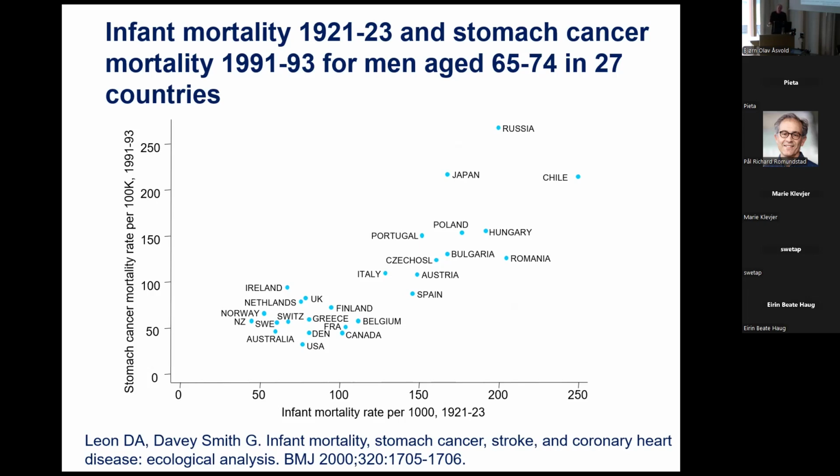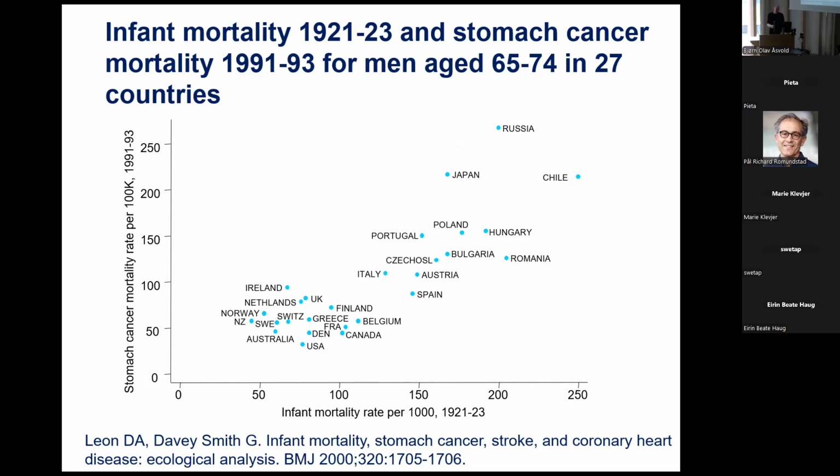But if you were coming from a place with high infant mortality, you would be exposed to more of those factors generating mortality, which in 1921 to 1923 was largely infant and childhood diarrheal disease, which would go with the sort of infections that H. pylori would be one of, transmitted in that way.